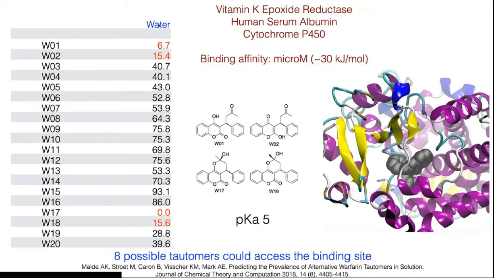So this also opens up a possibility that these are tautomers which could be exploited from a design point of view, where we should be able to lock those cyclic tautomers and get a warfarin derivative with higher potency and lower side effects, which may require less monitoring. And the whole purpose of this study was to demonstrate how the individual tautomeric state of a molecule could be critical from a drug design perspective.